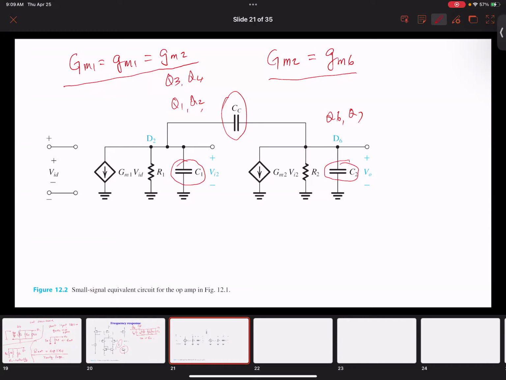So in this circuit, if we do some mathematics of the equivalent circuit that we did before, we can easily find out that C1 is pretty much the combination of all the capacitance of Q2 and Q4.